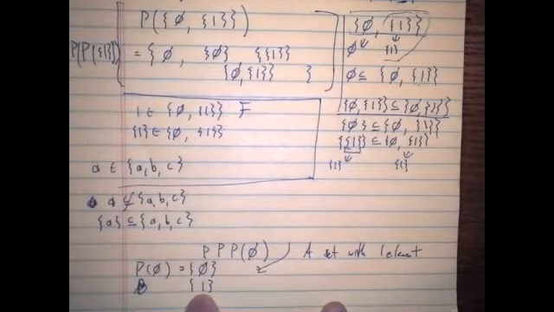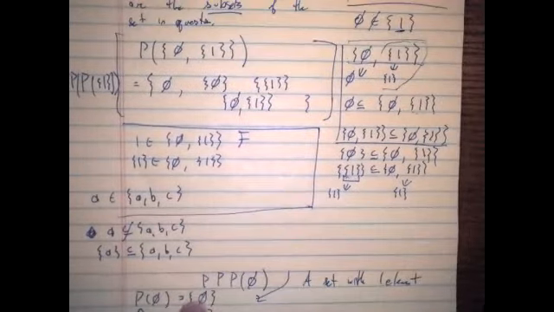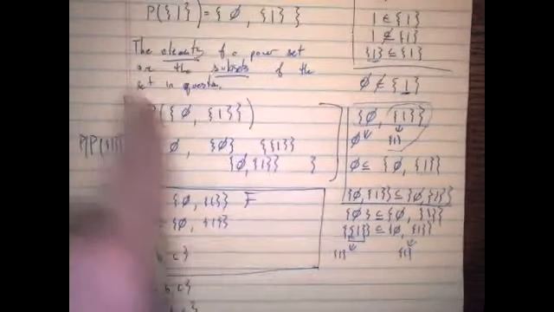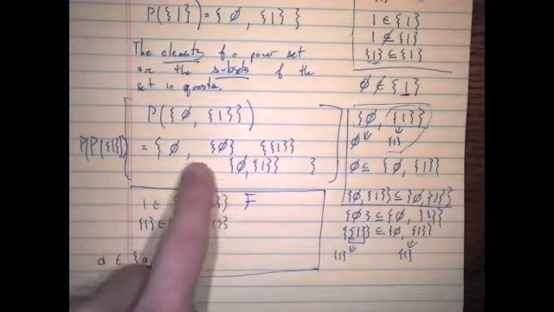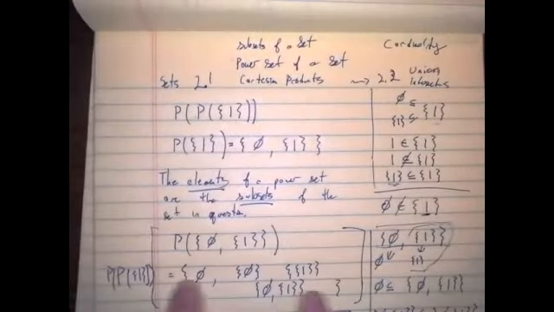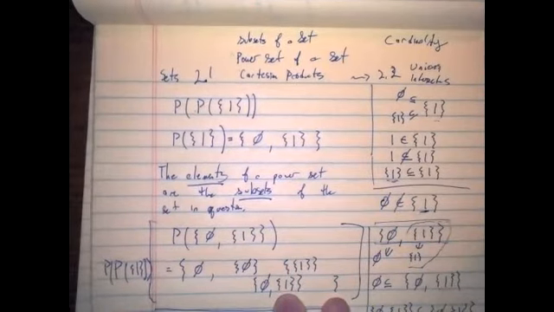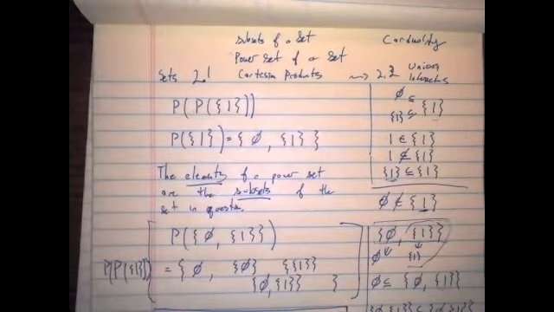I just have to remember that everywhere I have the set containing nothing, or the empty set, in my calculation, I have to replace it with copies of the empty set. So this calculation, if you replace all the 1s with the empty set, will precisely give you the power set of the power set of the empty set.